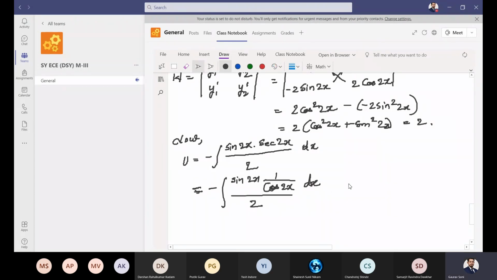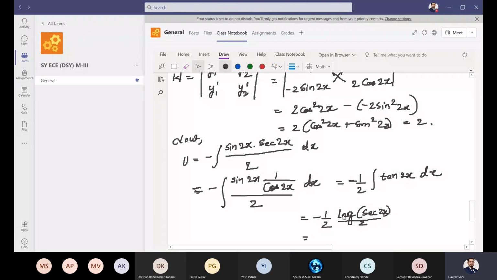Okay, so sine upon cos will become tan. Minus 1 by 2 being constant will come outside, integration of tan 2x dx. The integration of tan theta is log of sec theta, so log of sec 2x divided by 2.